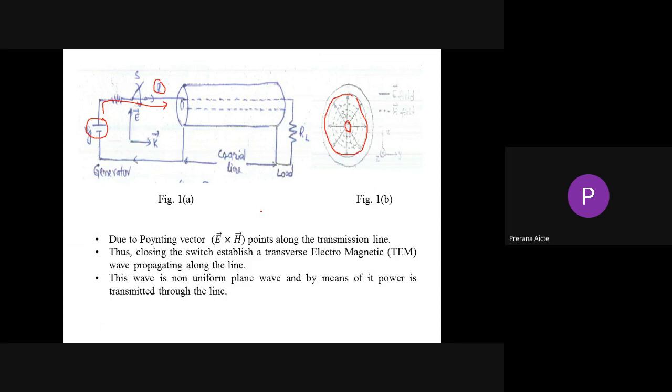This wave is a non-uniform plane wave, and by means of it power is transmitted along the transmission line. Since it is non-uniform, it may change in magnitude and direction. Uniform would mean it is constant for the entire length, but here it is a non-uniform plane wave.